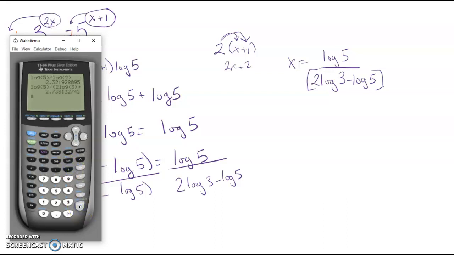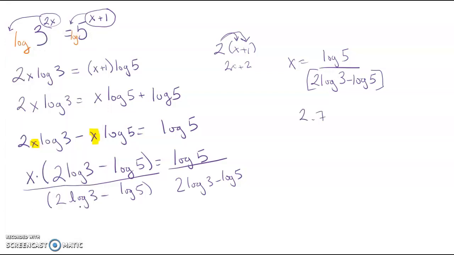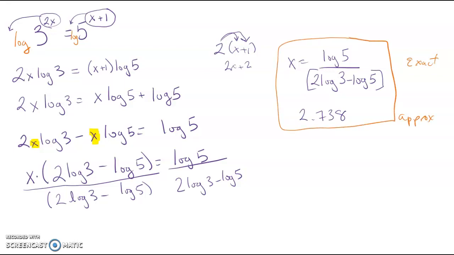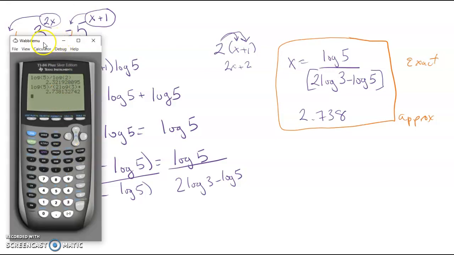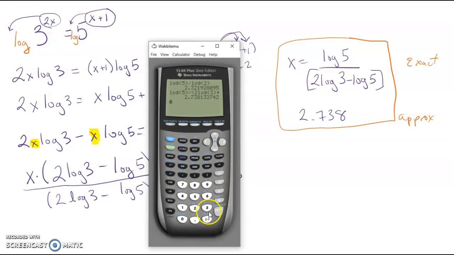And so we get about 2.738. So again, this is an exact answer, and this is your approximate answer. Again, it's important that we should be able to find both. Now, how could you check to make sure that you were 100% correct? Well, we can plug it in.